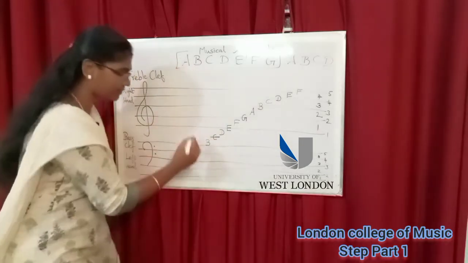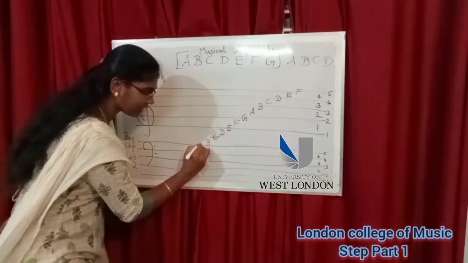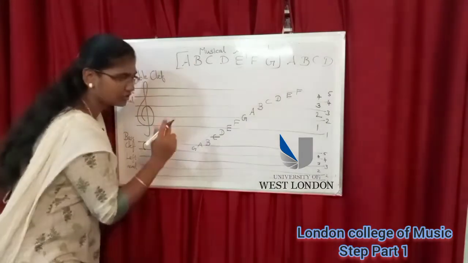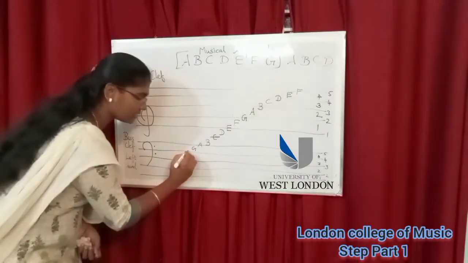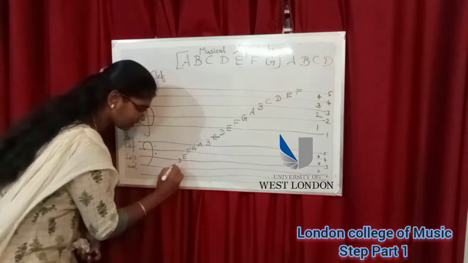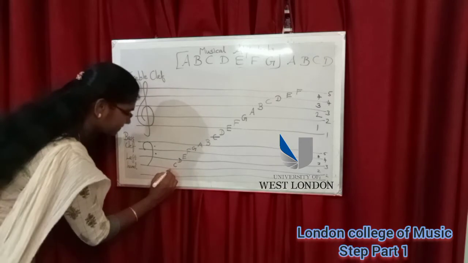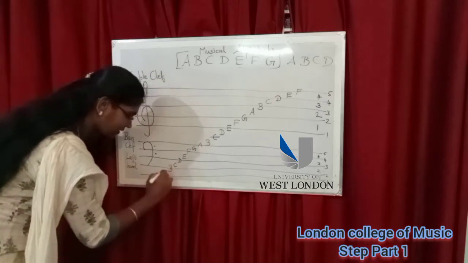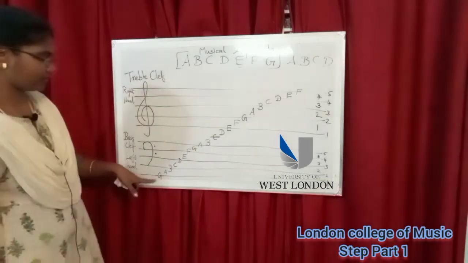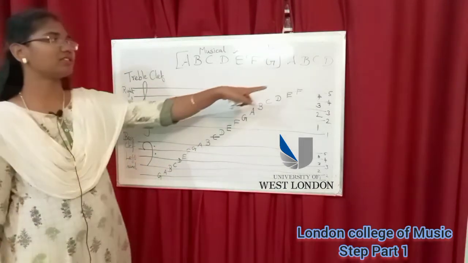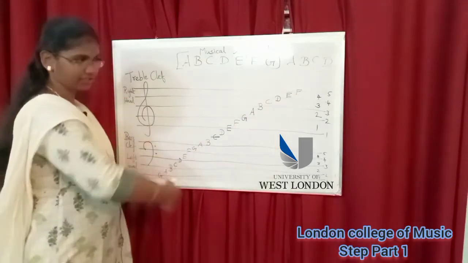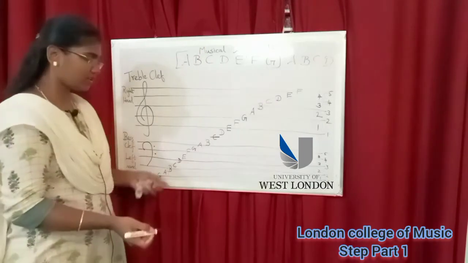This A will be placed on the fifth line, and the previous note of A is G. It is placed in the fourth space, and then the previous note is F, then E, then D, then C, then B, then A, and then G. So from this G to this F, all the notes are arranged from the left hand first line to the right hand fifth line.